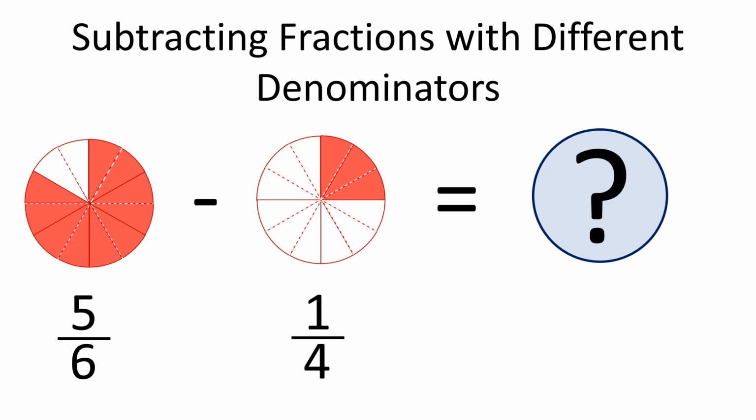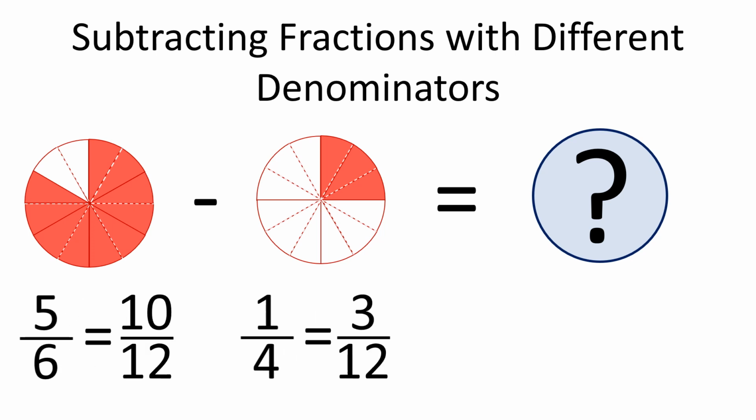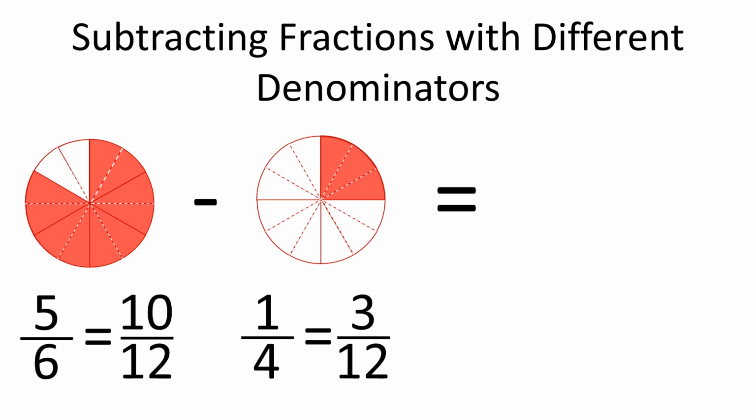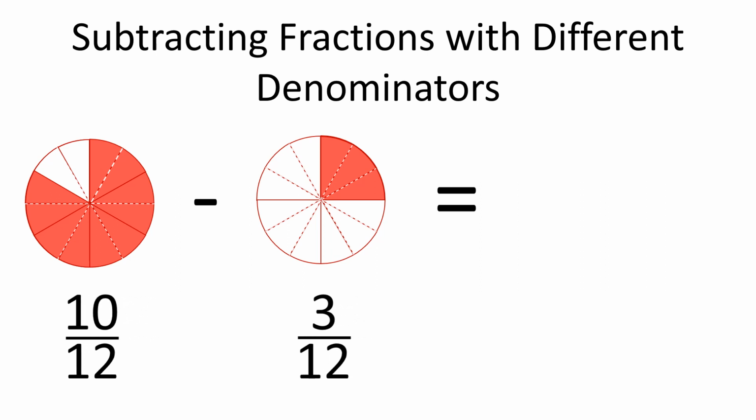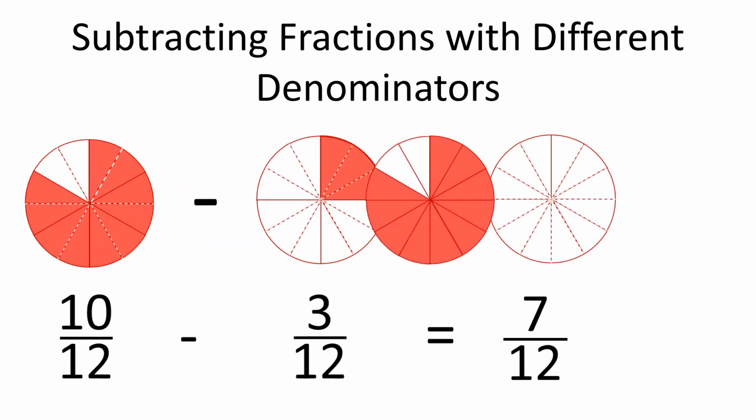To review what an equivalent fraction is, watch our video about equivalent fractions on our channel. Here, we can rewrite both fractions as equivalent fractions with the same denominator of 12. Thus, we rewrite 5/6 as 10/12 and 1/4 as 3/12. So 10/12 minus 3/12 is 7/12.